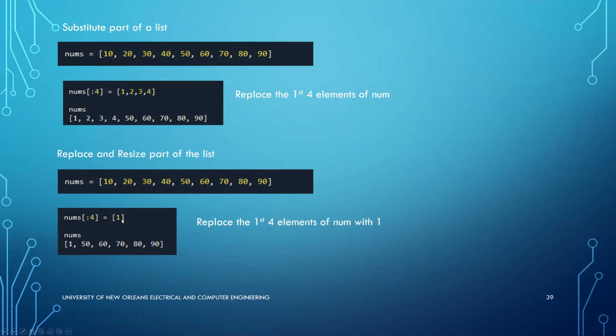So all of those elements on the original list, in other words, 10, 20, 30, and 40, are all replaced by one single number 1, as you can see here. So this replaces the first 4 elements of nums with 1. It doesn't place a 1 on each of those locations, but it simply replaces everything by just 1. If I want to put individual numbers, I will do this, separated by commas.